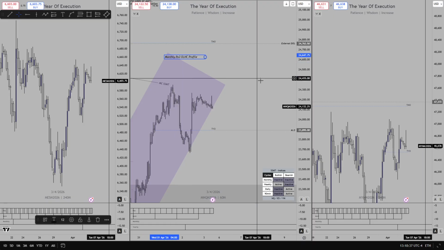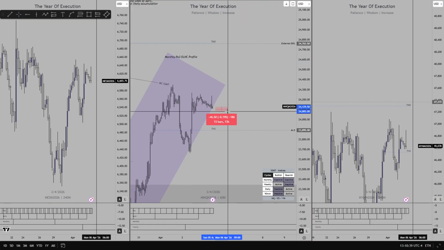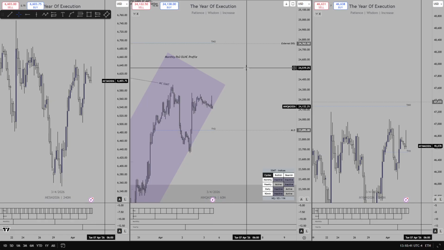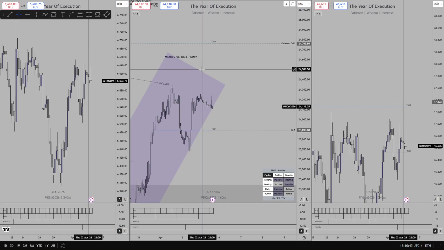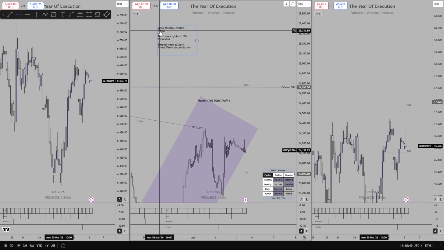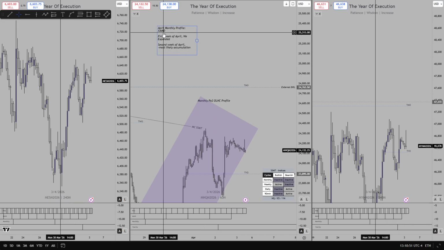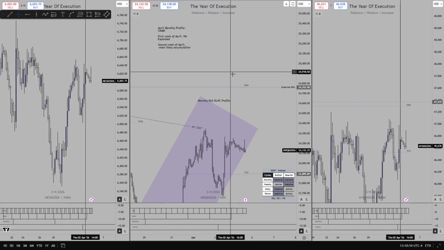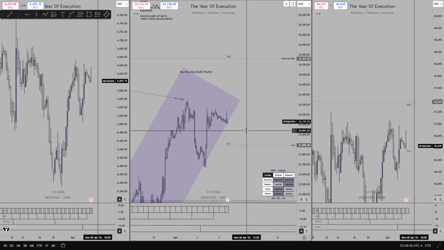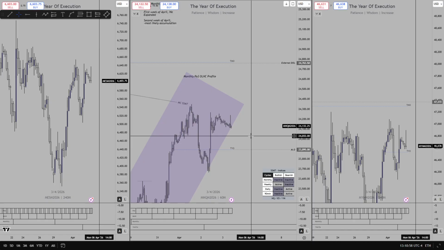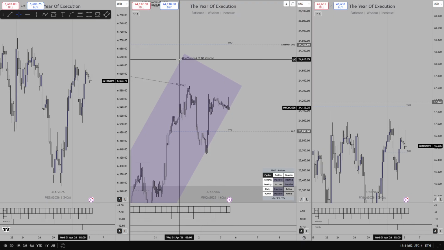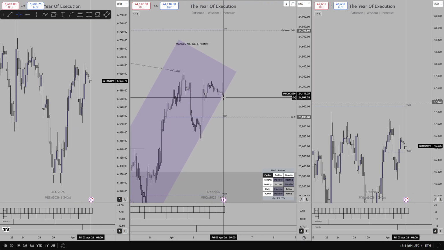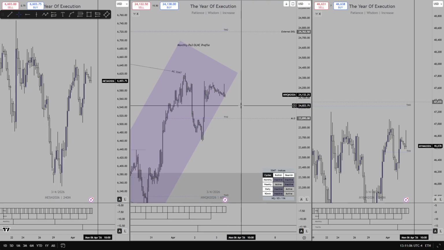So if we get set up for distribution of the monthly power of 3, that also sets up our monthly manipulation, which will be the following week. Following the monthly profile, distribution.